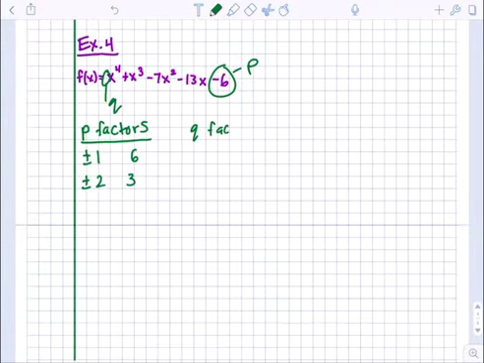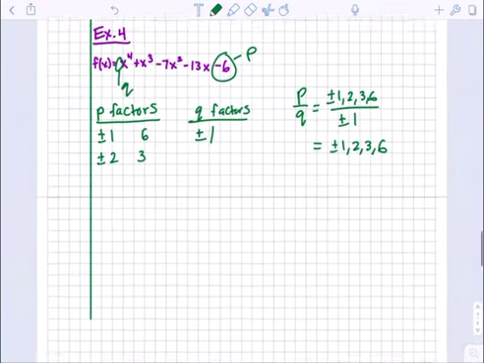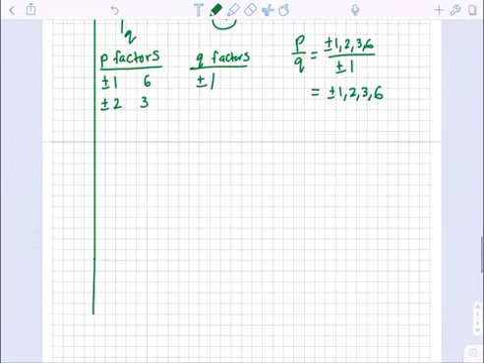And my q factors are just plus or minus 1. Alright, so p over q is going to be plus or minus 1, 2, 3, and 6, all over plus or minus 1, and that's just simply plus or minus 1, 2, 3, and 6. These are all my possible roots right there. Now we got to go and factor and try to find a root.